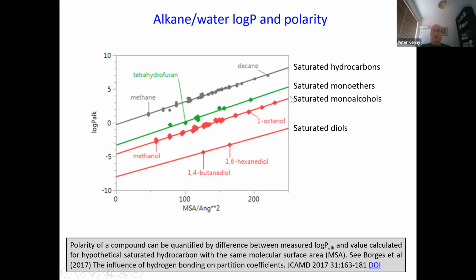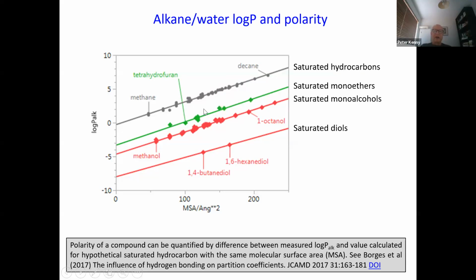These are saturated hydrocarbons. Now, what I'm doing here is these are basically saturated monoethers. So these are essentially saturated hydrocarbons in which I've changed only a single carbon into oxygen. Everything else is saturated hydrocarbon.